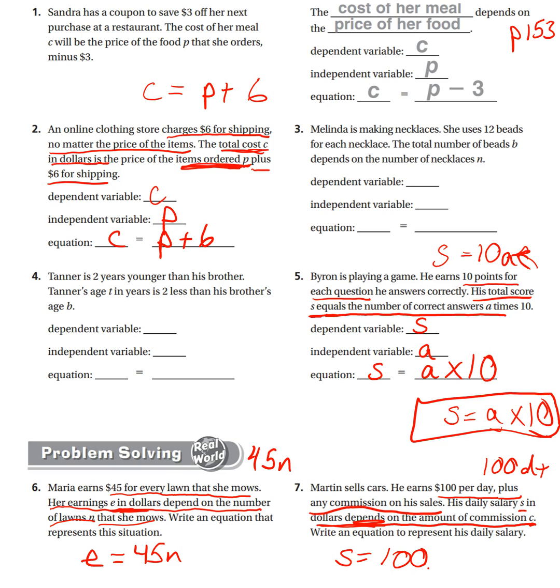It didn't say how much does he make in a week or something like that. It just wants to know how much does he make daily. So he makes $100 daily plus his commission. So his salary for 1 day is $100. They told us that he makes $100 every day, plus whatever he earns in commission. So there's my equation. All right, thanks again for watching. I'll see you on the next one.